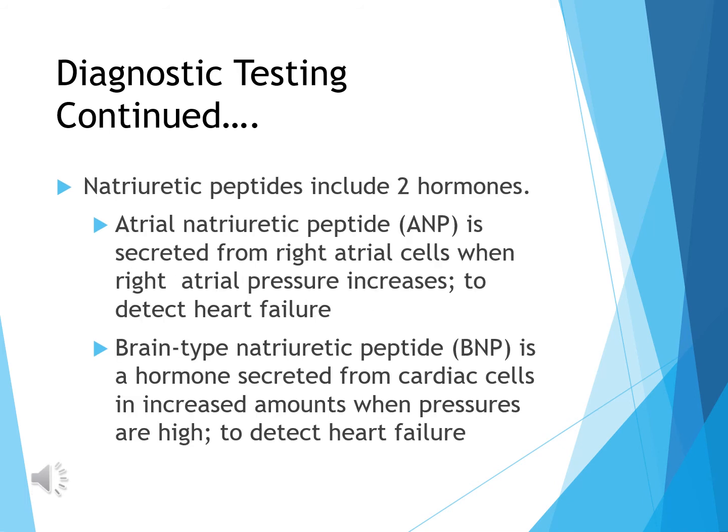Natriuretic peptides include two hormones. We have an atrial natriuretic peptide, or ANP, which is secreted from right atrial cells when right atrial pressures are increased, and this is used to detect heart failure. The other one is brain-type natriuretic peptide, or BNP. This is a hormone secreted from the cardiac cells and is increased in large amounts when pressures are high to detect heart failure.